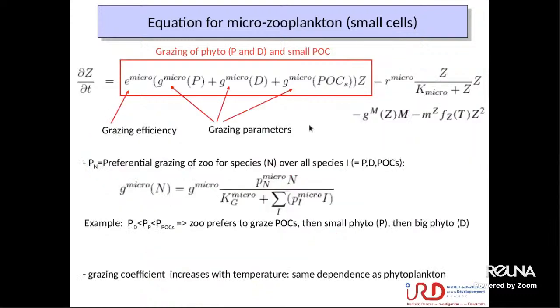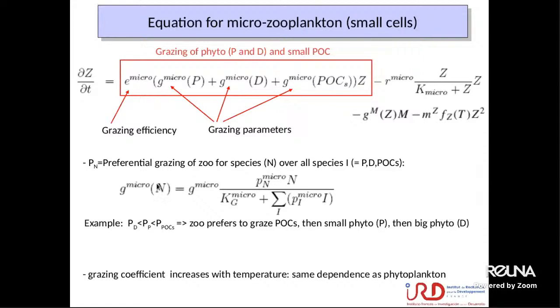Now, if we detail a little more this microzooplankton grazing, we have in front of this grazing an efficiency. So it's not equal to 1. With this grazing efficiency, there are losses. And when you look into the detail of the grazing, you have these grazing parameters, J micro, for each species. It can be different.